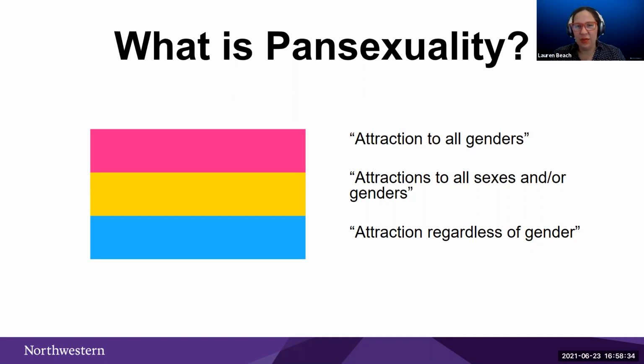Identities are really meant to be terms that allow people to define themselves and to position themselves in relation to community and to find community. That's labels at their best. Labels at their worst, of course, when it comes to these sexual identity terms, people may decide that the problem with identifying as pansexual versus bisexual is that other people are identifying themselves wrong.